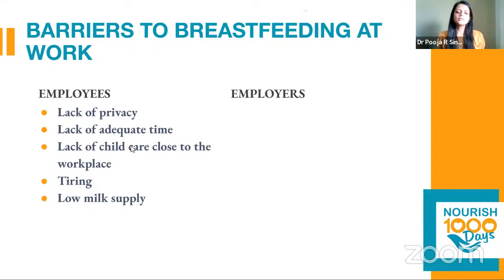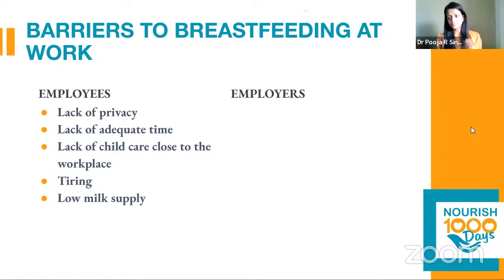There is a lack of childcare close to the workspace, so the mother is not comfortable taking the child or is too far away, so she cannot manage. She might think that breastfeeding along with work may get tiring. And she may also think that since after 6 months her supply is going to drop, she may not be able to. But let me tell you, these are all myths.